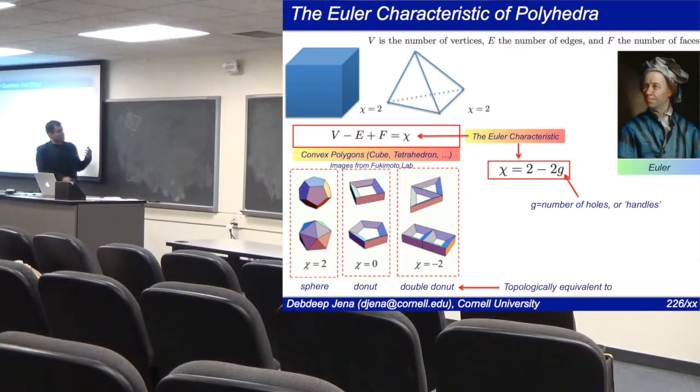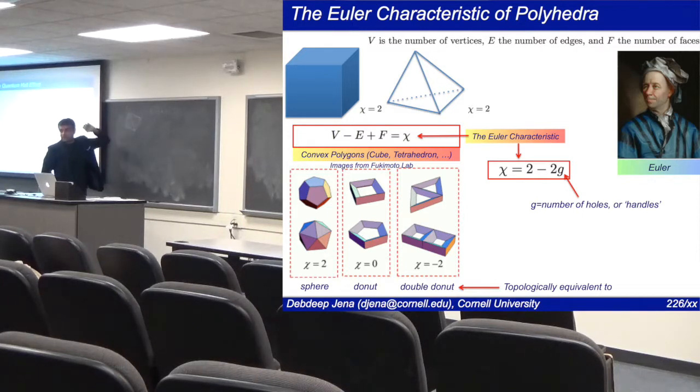If it's a convex polygon like that, then it turns out that vertices minus edges plus faces is equal to a number, and it's an integer. So what is very amazing is this is obviously a discrete object, so there are an integer number of things.